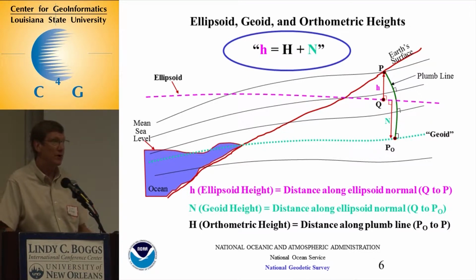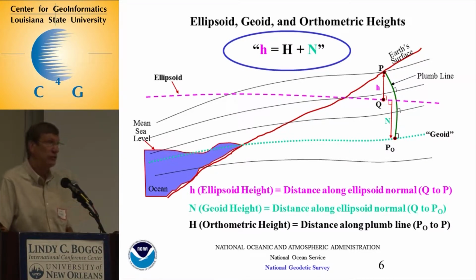You have to mathematically derive it using gravity information and others. You heard Cliff talk about what they did 30, 40, 50 years ago. We're just getting better at doing it. But it's still a model, and it still has to be validated. But an orthometric height, as you can see, is measured from this geoid on the plumb line going up to the surface. That's the orthometric height.